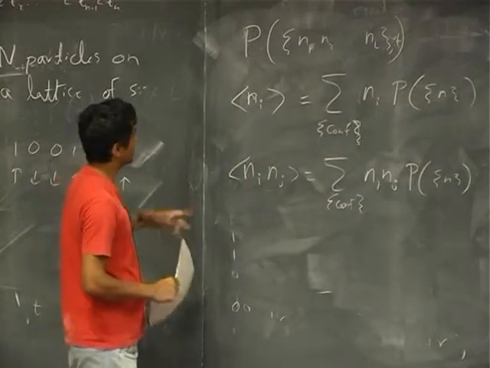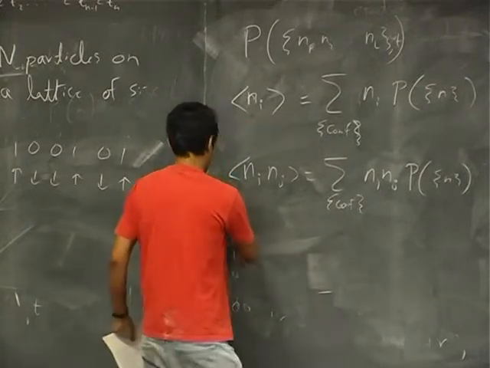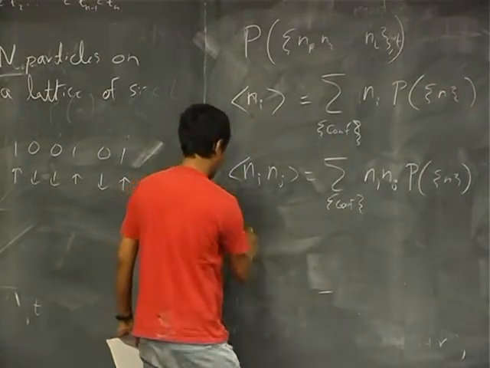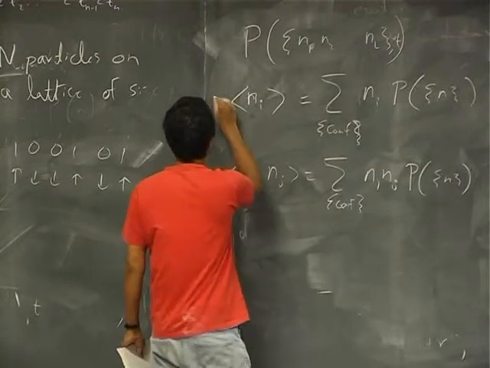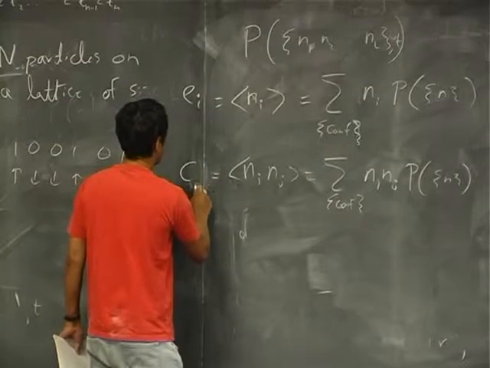Now, how do I write an equation for this, dNi/dt? I'll call this rho i, and this I'll call Cij.